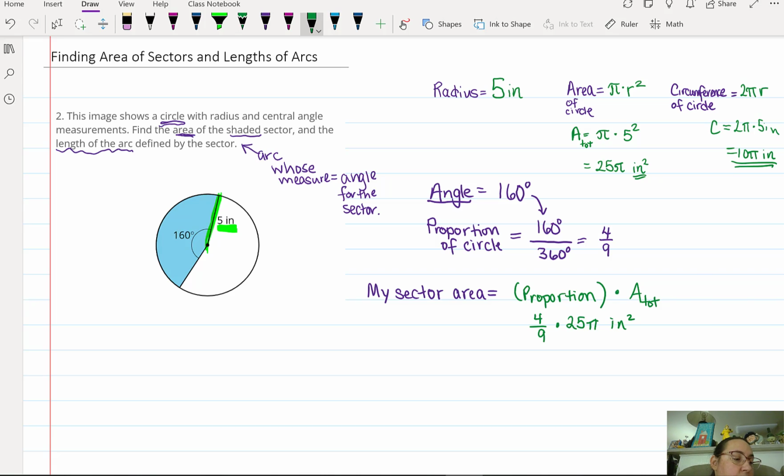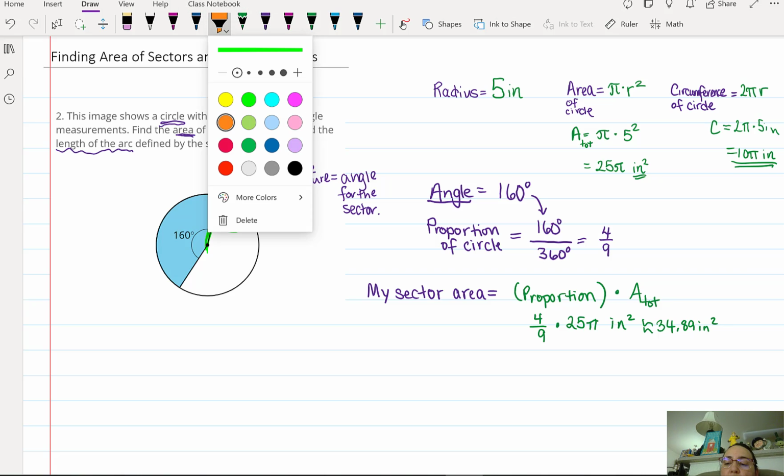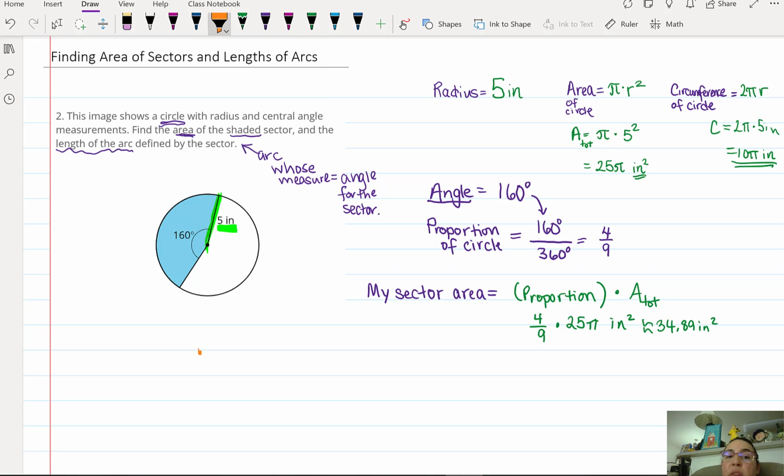And that calculation, if I replace pi with 3.14, this is about 34.89 square inches.